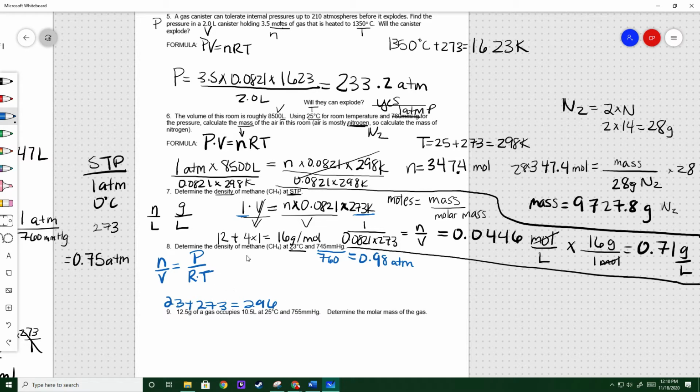Okay. And then I would just plug in my information. So I have my moles over volume is equal to my pressure, which is 0.98, over 0.0821, that's my R, and then my temperature is 296.